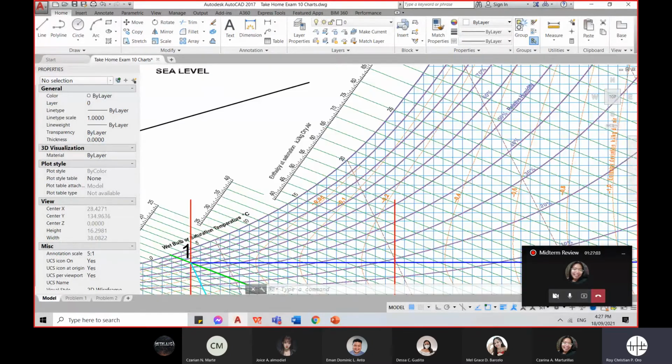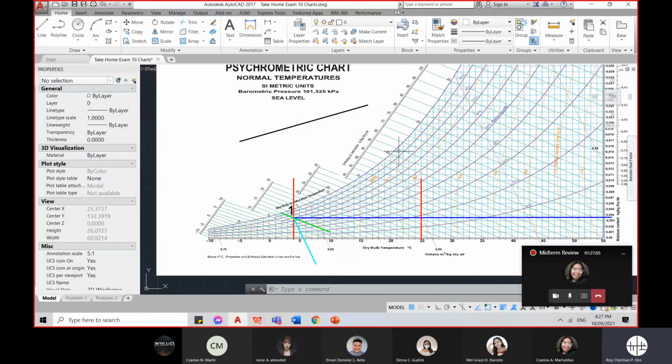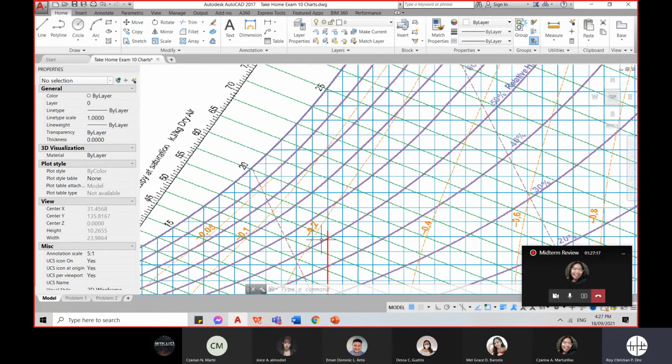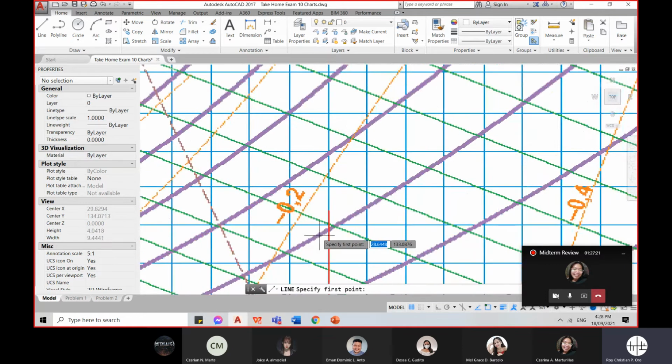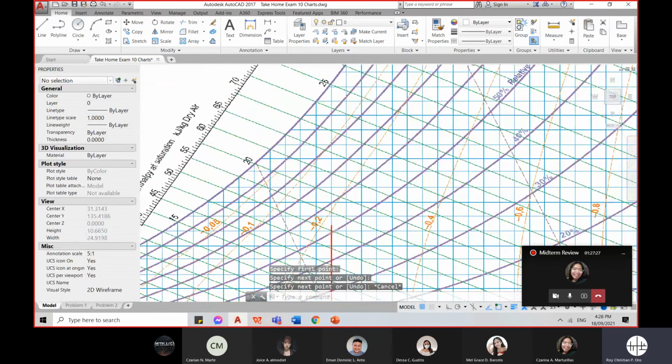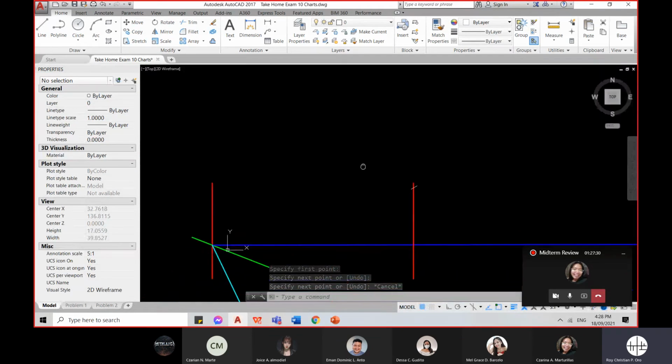The relative humidity is these violet curved lines going up. So here is the 50% line. We connect it to the vertical line we formed, which is this one. I forgot, there's no curved line here, so I'll just draw a small line. So now we know state 2 above.